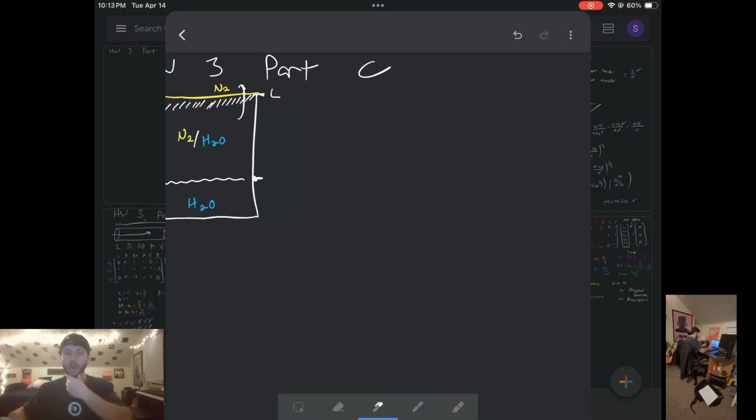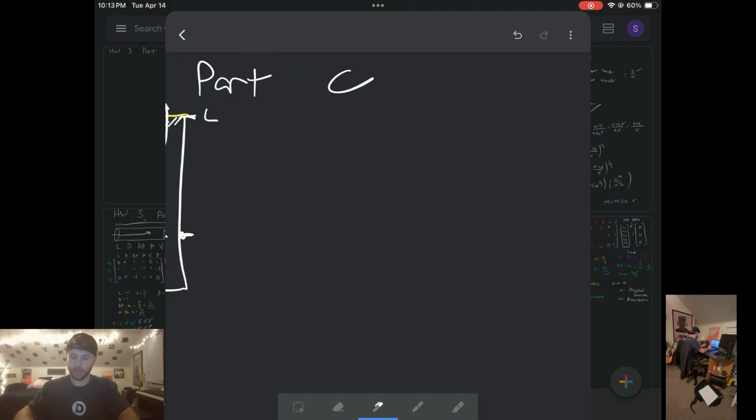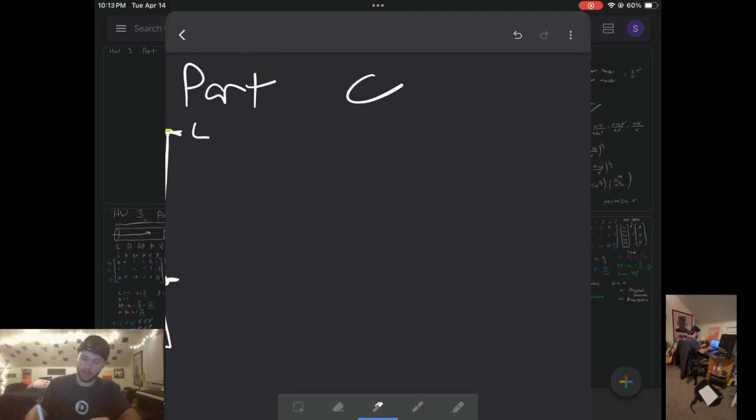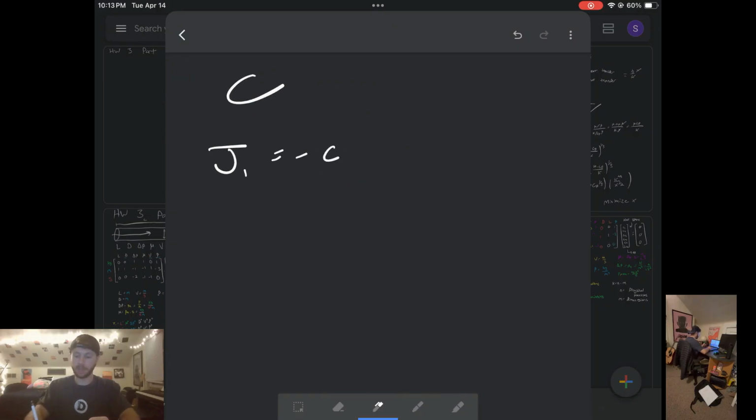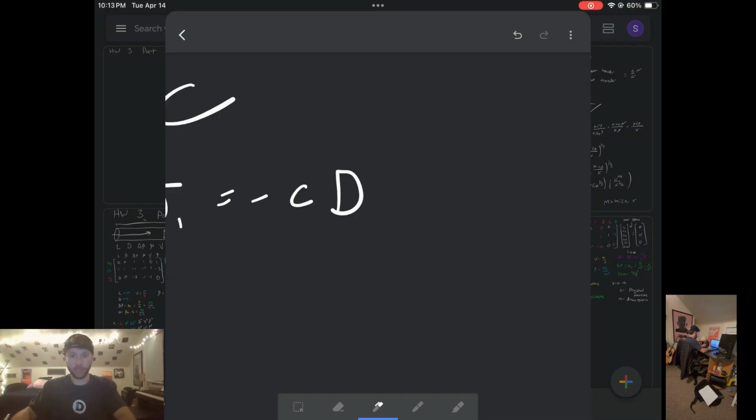Okay, so in order to proceed with this mass transfer, we need to look at Fick's law, which says that the molar flux of a component is equal to the negative of the concentration times the diffusion coefficient, which is found experimentally for compounds, multiplied by our concentration gradient.